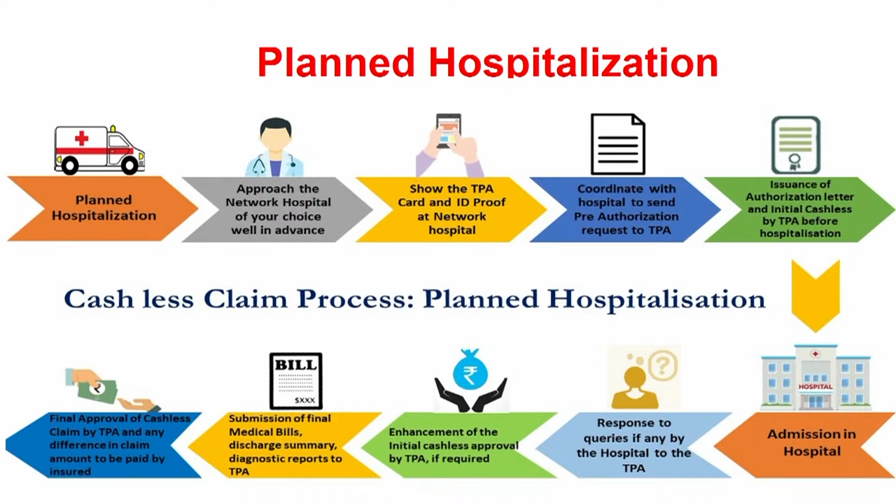So it's a good condition wherein you are totally assured that the difference will not be paid from your pocket. Then the hospital is also happy that no deduction from the insurance company will come. They have already agreed that this claim is payable and the full amount will come.